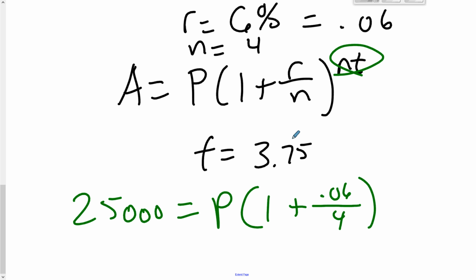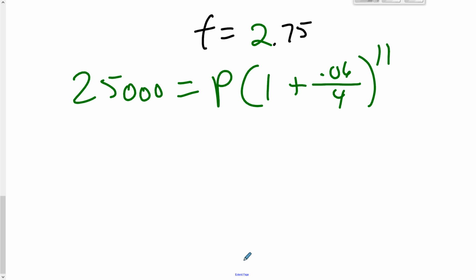If it was 12 quarters, it would be 3 years, because 3 times 4 is 12, but it's not. It's 11, so 2.75 times 4 is going to be 11. So NT is 11.